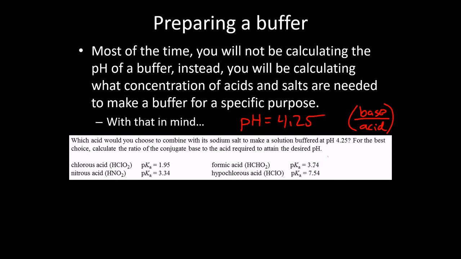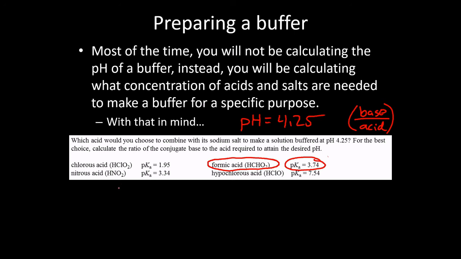Alright, hopefully you decided this one, the formic acid, was the best acid to use to make our buffer. The reason for that is it is the closest to the desired pH. Technically, we could have used nitrous acid as well. That would have worked because it's within 1.